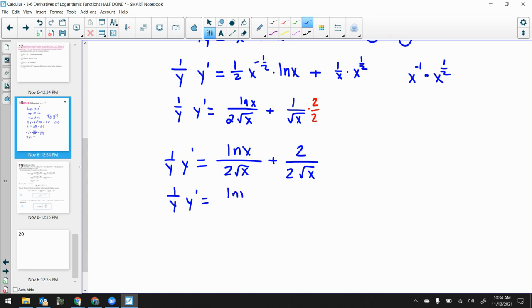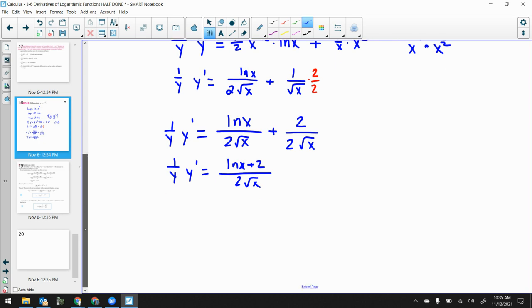So ln of x plus 2 over 2 radical x. Let's solve for y prime now, because I've sufficiently reduced down. That seems pretty good. So y prime is equal to y times this whole thing, ln of x plus 2 over 2 radical x.